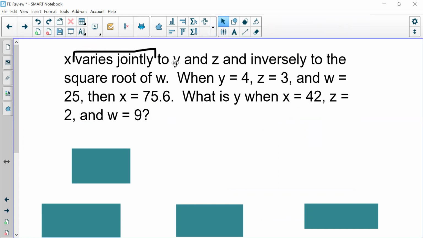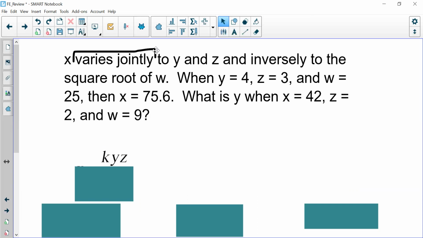And there are just two, y and z are being multiplied. So the numerator, remember k, you always need k. K is the flexing part of the equation.